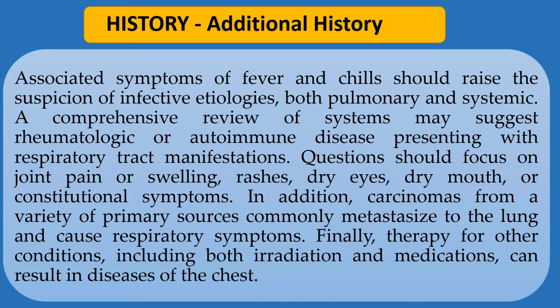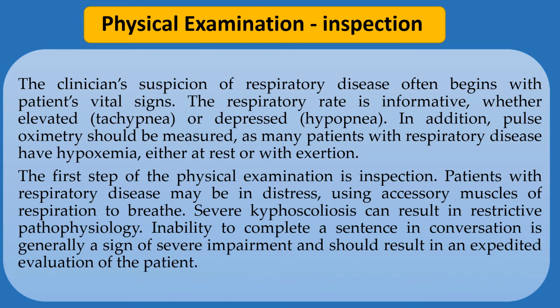Questions should focus on joint pain or swelling, rashes, dry eyes, dry mouth, or constitutional symptoms. In addition, carcinomas from a variety of primary sources commonly metastasize to the lung and cause respiratory symptoms. Finally, therapy for other conditions, including both irradiation and medications, can result in diseases of the chest.